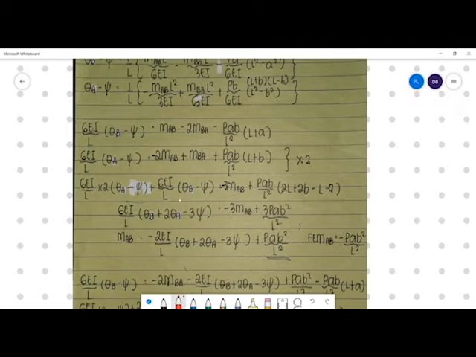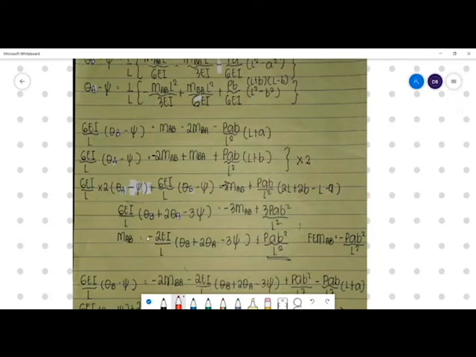So we transfer this to the other side. We have now M sub AB is equal to negative 2EI over L times theta B plus 2 theta A minus 3 psi, plus PAB squared over L squared.